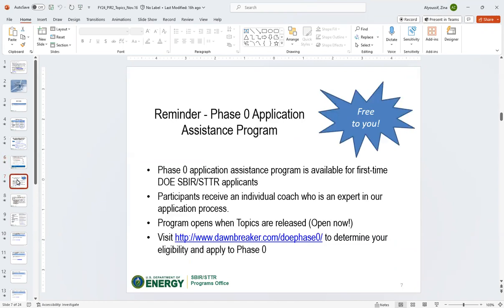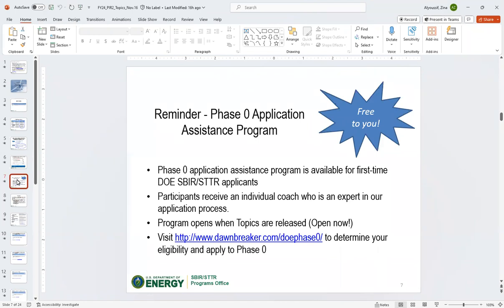We also have the Phase 0 application assistant program. It's free to you. It is open now, and the Phase 0 application assistant program is available for first time DOE SBIR STTR applicants.